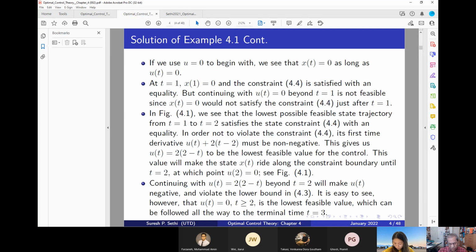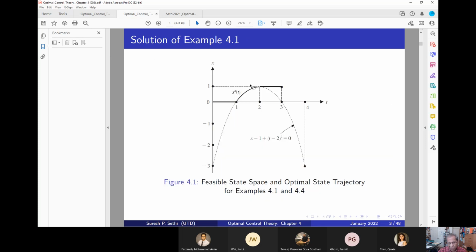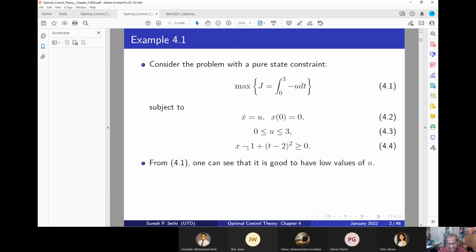So I already told you all of that part. But at t equal to 1, I need to make sure that the control goes in such a way that I will ride along the curve. Well, how do I do that? First of all, I take the derivative of this with respect to time and set it bigger than or equal to 0.